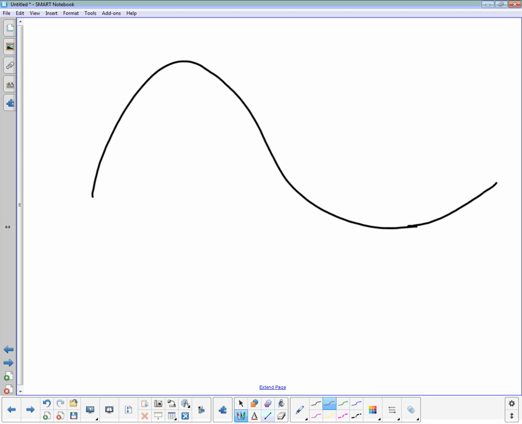So here's an extrema, but I could have something like this.